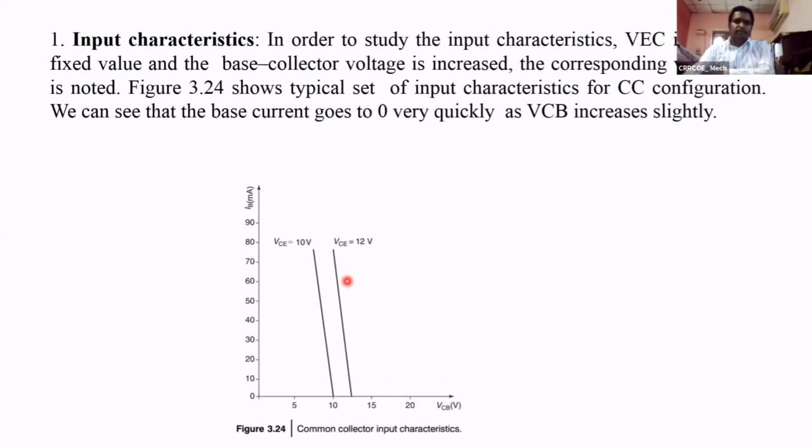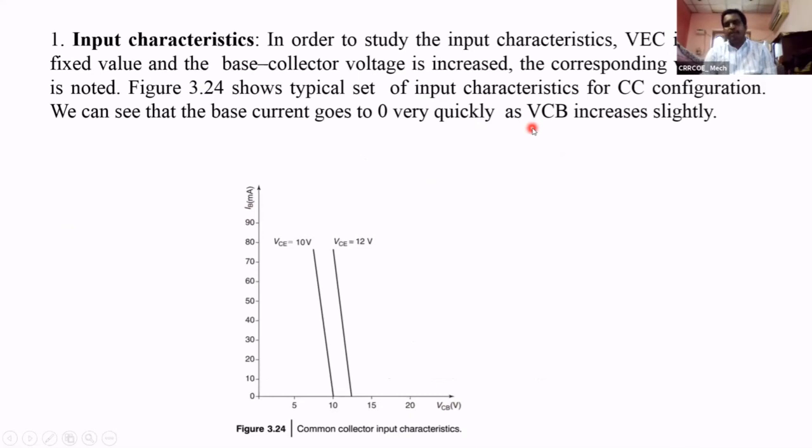Input characteristics means we are taking the relationship between the input current, that is base current, and the input voltage, that is the voltage between the collector and base. The base current goes to zero very quickly as VCB increases.